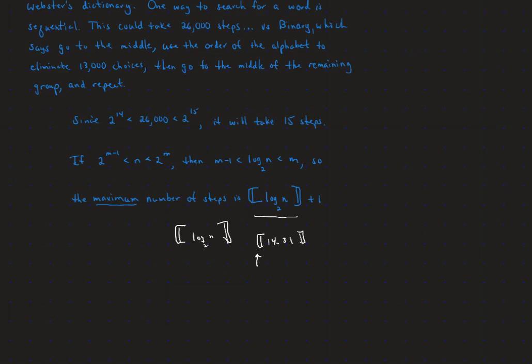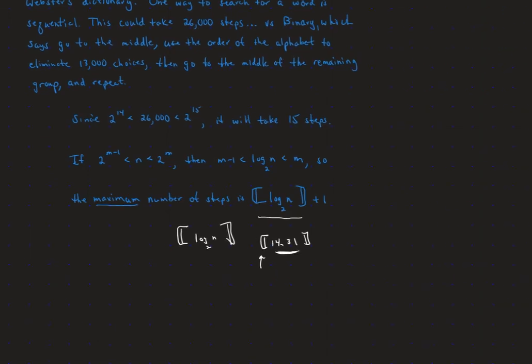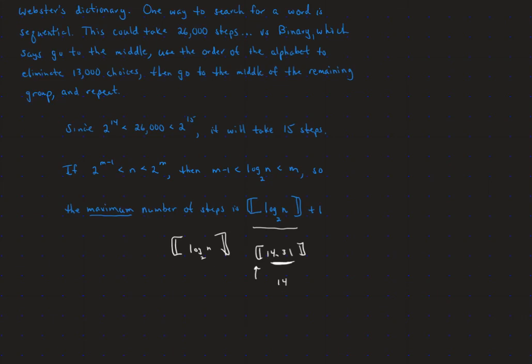What this symbol means is the greatest integer less than or equal to this number. So the greatest integer less than or equal to 14.31 would be 14, and so by adding 1, that's going to give us that larger choice. That's what we're looking for, that value of m. Okay, very good.